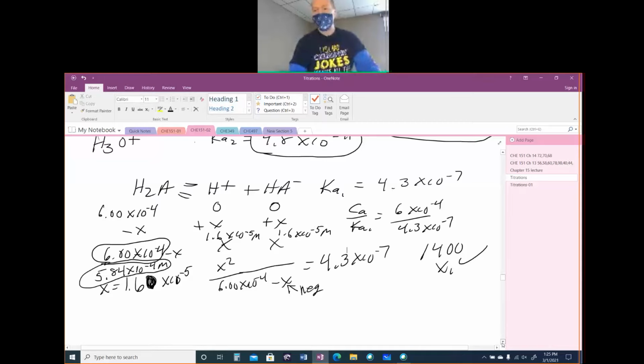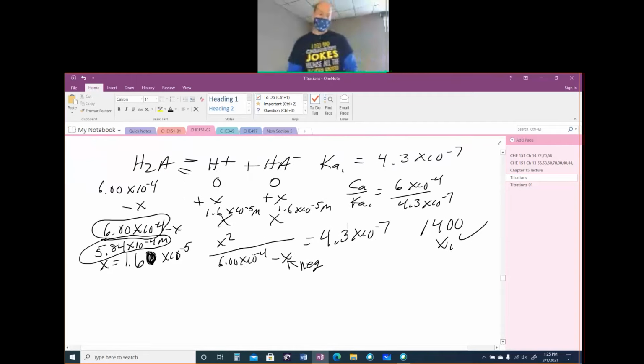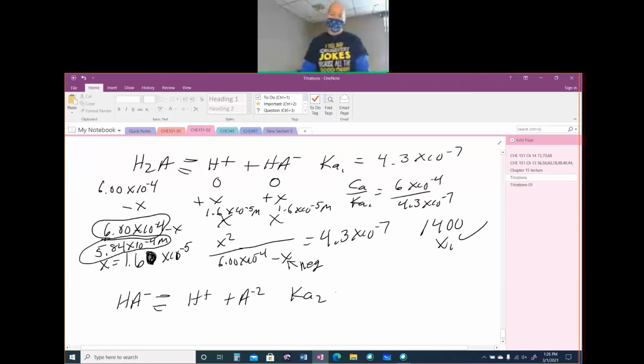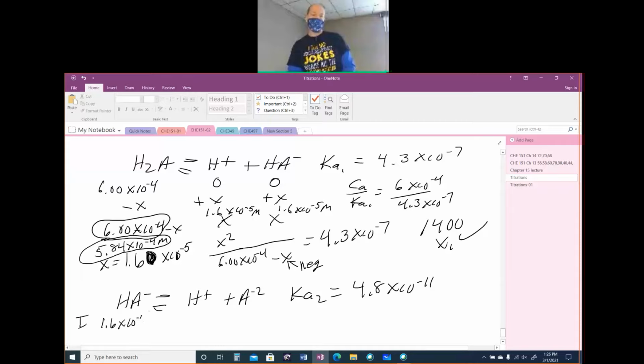All right, so then we do our KA2. All right, so for KA2, we have HA minus goes to H plus and A minus 2. This is our KA2. The second H comes off, and that was given as 4.8 times 10 to the minus 11. Now, initial is from KA1. HA minus is our X value. That is 1.6 times 10 to the minus 5.